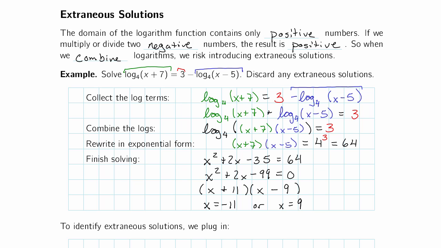Okay, so those are the solutions that we got in the solving process, but it might be that one or both of them is extraneous. To identify the extraneous solutions, we just go back and plug into the original equation.